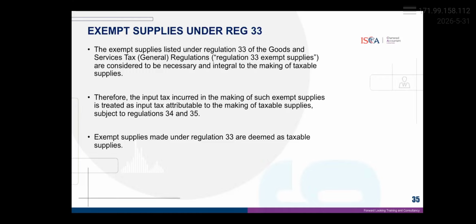Therefore, the input tax incurred in the making of such exempt supply is treated as input tax attributable to the making of taxable supply, subject to Regulation 34 and 35. So what this has done is make the exempt supply under Regulation 33 as if they are taxable supply. If they are deemed as taxable supply, then input tax attributable to a Regulation 33 supply would be 100% claimable from the government.